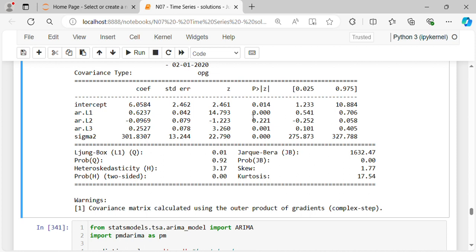We have standard error, Z value, and P greater than Z. The P value is 0.014, and the 95% interval is from 1.233 to 10.884.